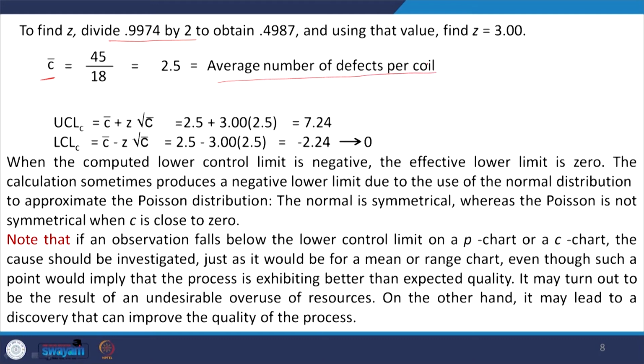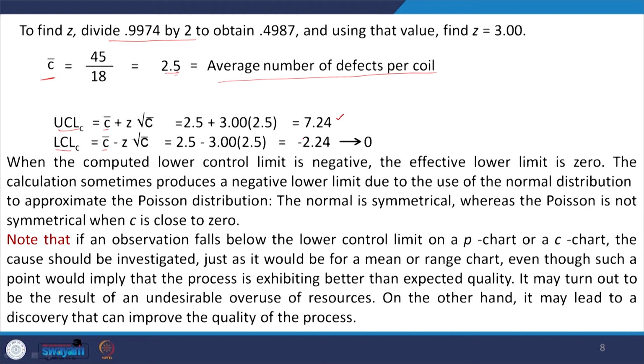Now, the upper and lower control limits will be 3 standard deviations from this value of 2.5. The square root of 2.5 gives us the standard deviation, and plus or minus 3 is considered. The upper control limit comes to 7.24, and the lower control limit comes to minus 2.24.